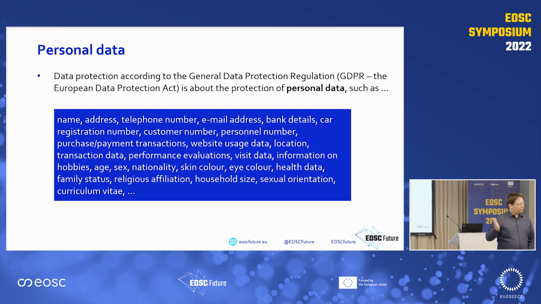You know the difference between anonymization and pseudonymization? To anonymize data means that you adapt, you change the data in a way that there is no relation to any natural person anymore, and it's not possible to reconstruct that.